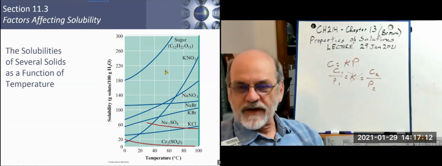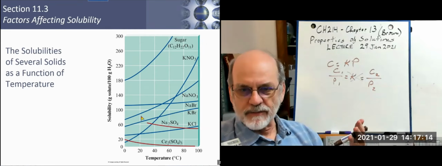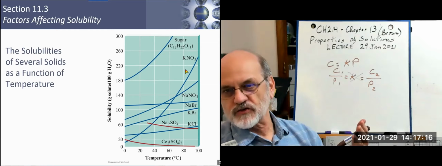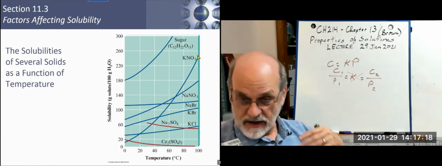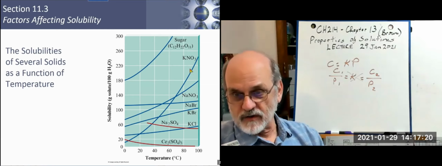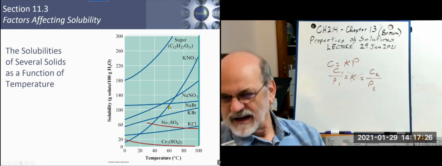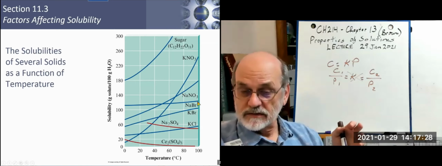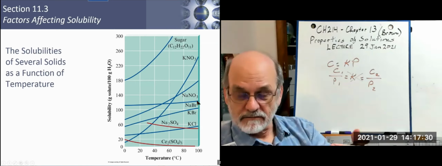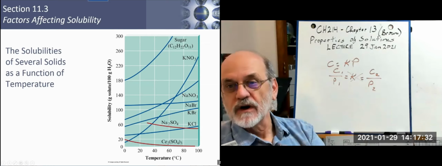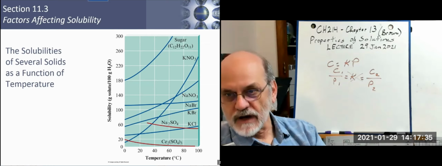So what other things increase solubility with temperature? Potassium nitrate is extremely soluble, with increased solubility as temperature increases. There's sodium nitrate, increased solubility. Sodium bromide, slightly more soluble. So you have different responses to temperature depending on the different compounds.